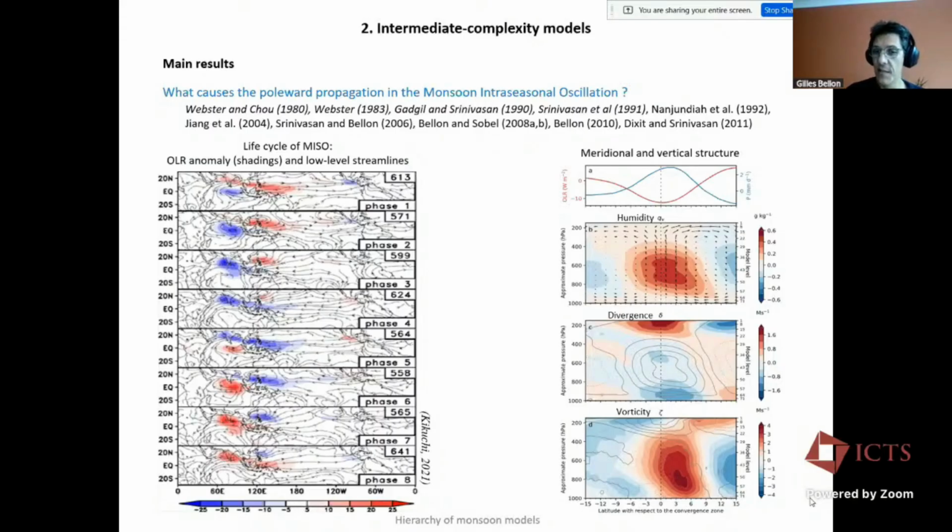What was interesting is that the one thing that was really important for the propagation and the instability was the advection. But then for the full structure, the tilting was important too. And what Vishal found was that both were important in his model.